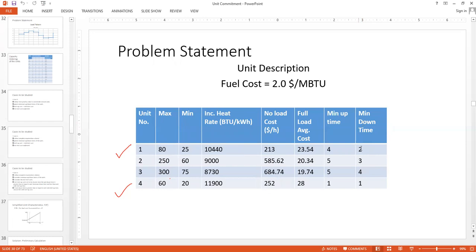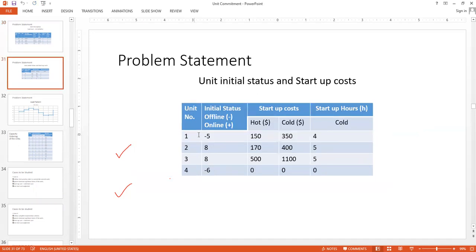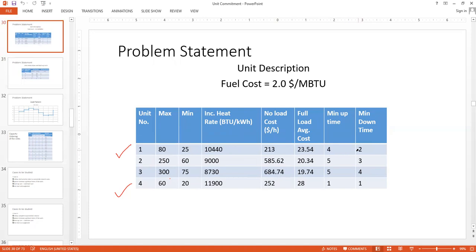Let's say unit 1 has been turned off for 5 hours, and the minimum downtime is 2 hours. So 5 hours is higher than 2 hours, which means unit number 1 has satisfied the minimum downtime constraint.